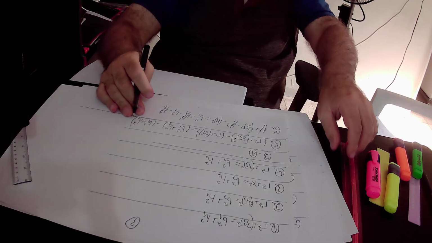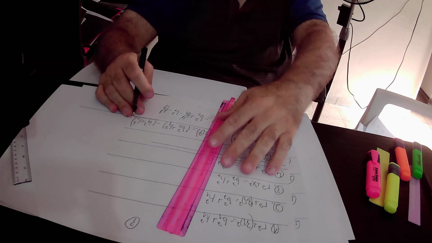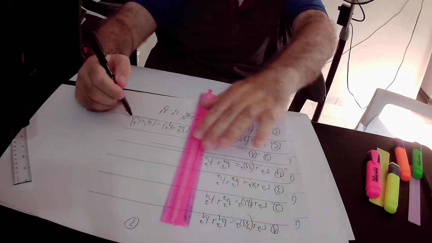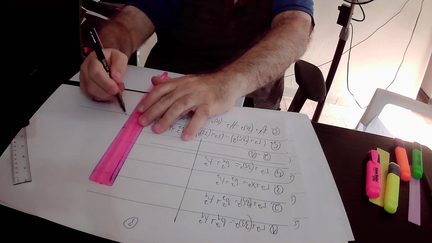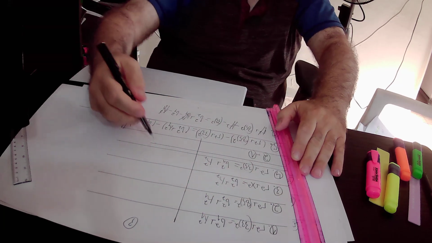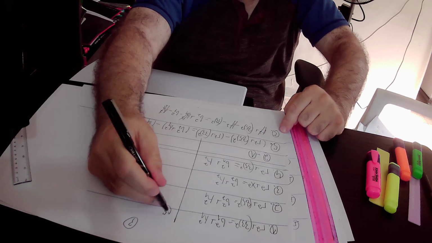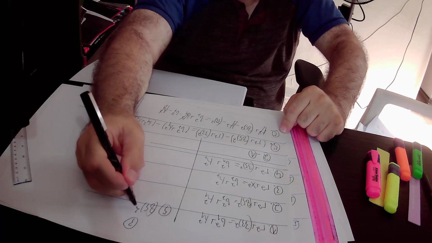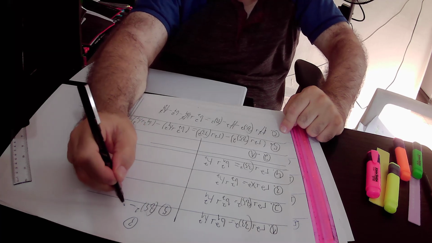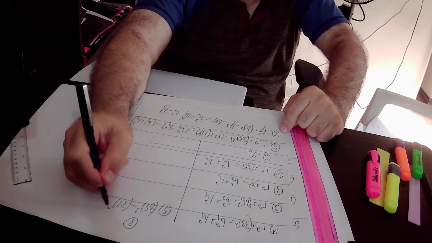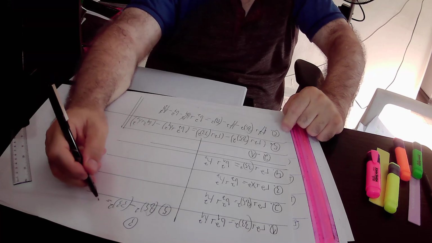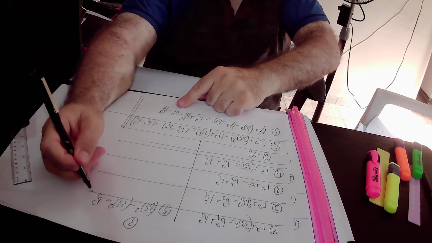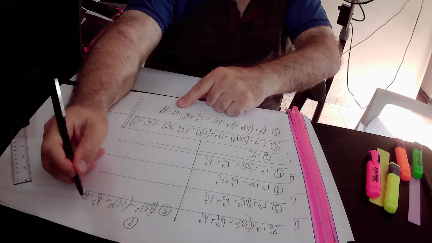So what is left from equation number 5 after we cancelled those two expressions? On this side we are left with 85 squared minus 33 squared, that is equal to B2 squared. On the other side of equation number 5 we have B2 squared minus B1 squared.